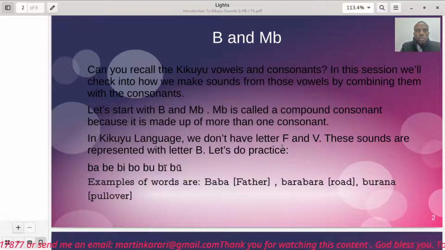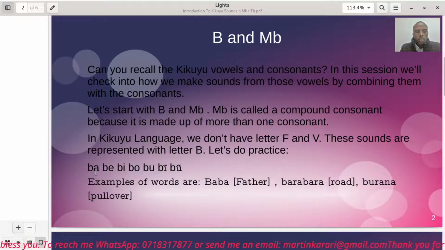If you can recall from the previous lessons on Kikuyu vowels and consonants, we did not have alphabet F and V, and we are going to see how that is substituted in the Kikuyu language. Let's start with the letter B. Letter B in Kikuyu is pronounced as fa, as if that's just an F for those who know Swahili.